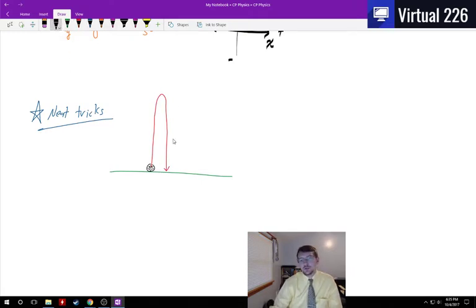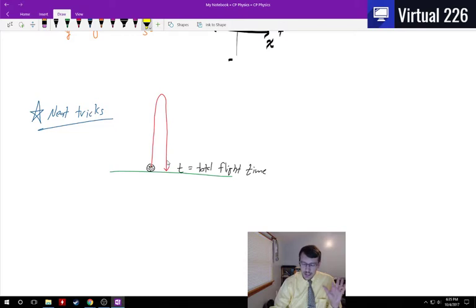The amount of time it takes to go up and back down we'll call T. That's like the total flight time. You can kind of see that this curve here, while it really is just up and down, it is symmetrical.